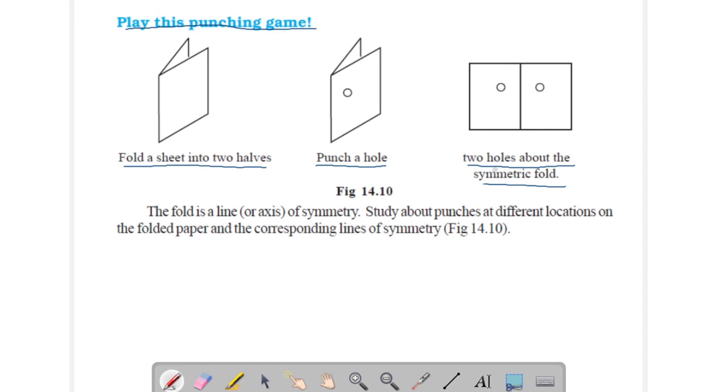Therefore, we can draw this line of symmetry. The fold is a line or axis of symmetry. Line or axis of symmetry, both are the same. Study the punches at different locations on the folded paper and the corresponding line of symmetry.